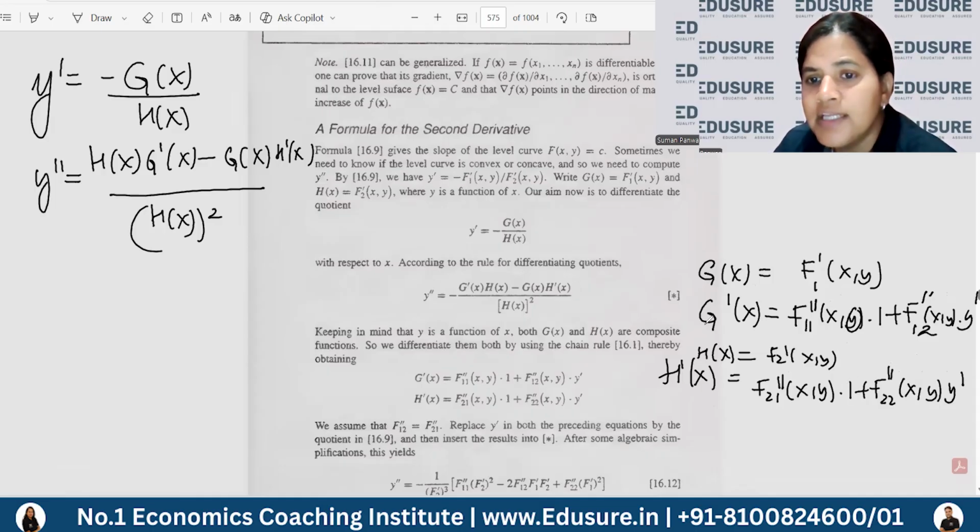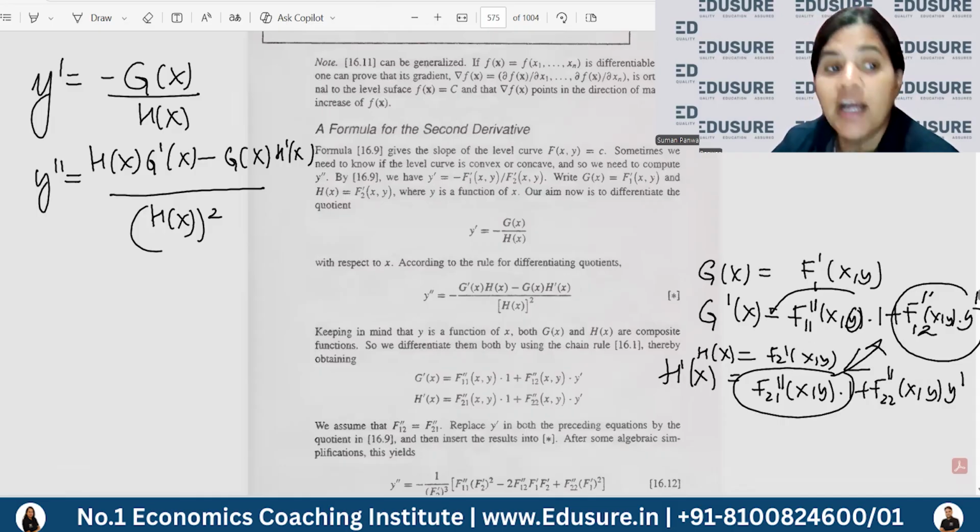These are the expressions, and always remember, by Young's theorem, these two things are assumed to be equal. I'm assuming that the partial derivatives are continuous in nature.